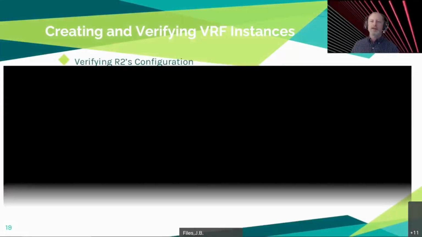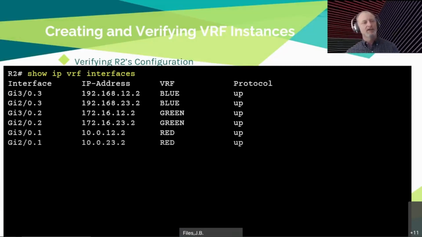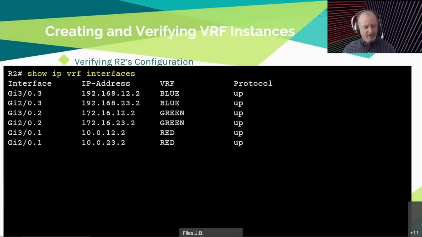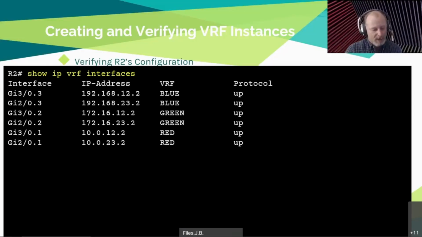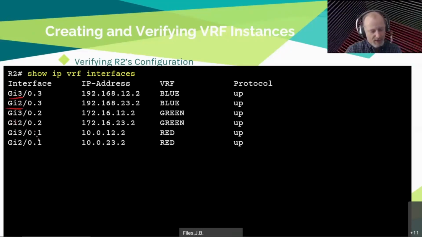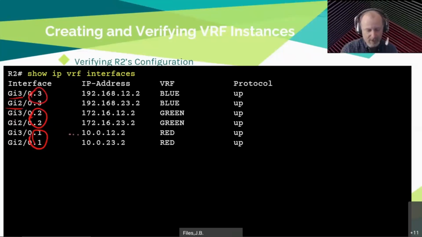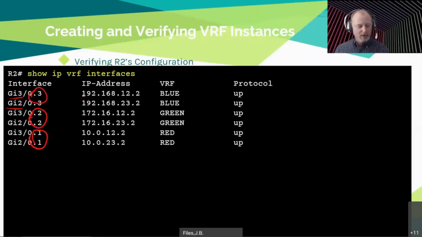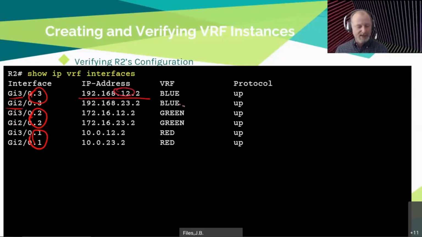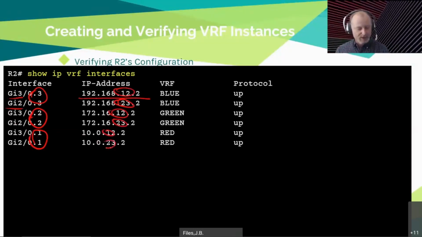If we do show IP VRF interface, here we can see all 6 sub interfaces. We've got gig 2 and gig 3, each with .1, .2, and .3. And of course, the way we subnetted it, this is connecting routers 1 and 2, that's connecting 2 and 3, and so on.